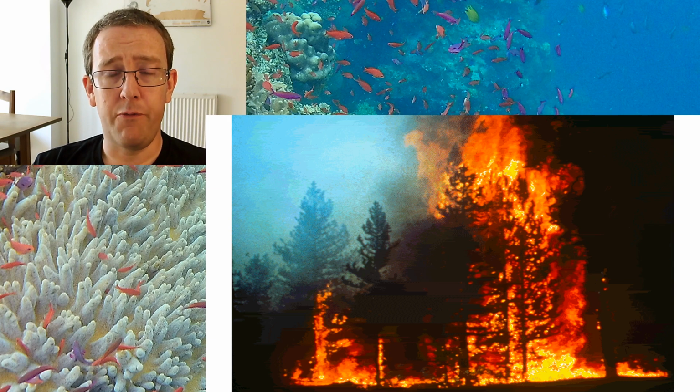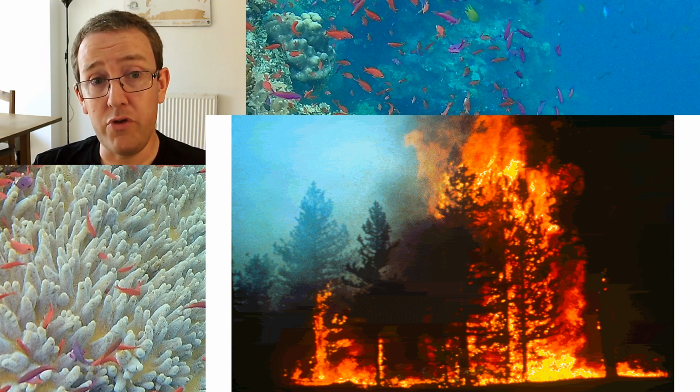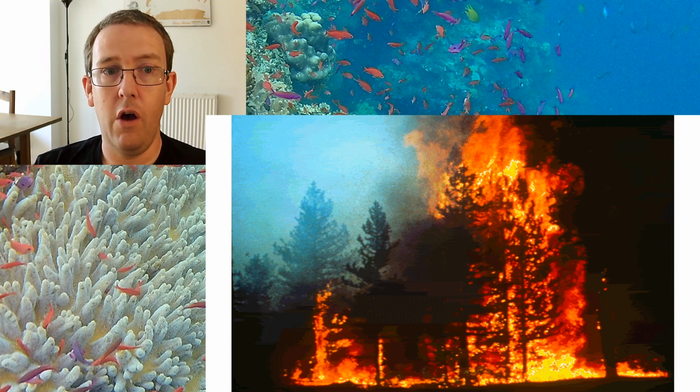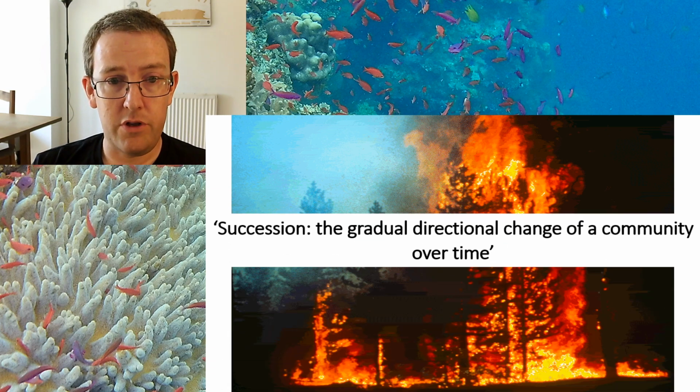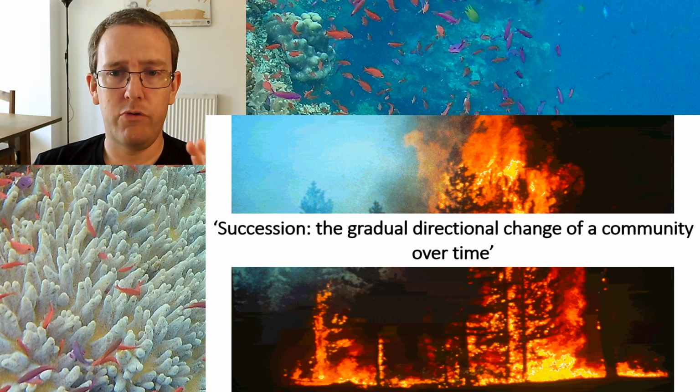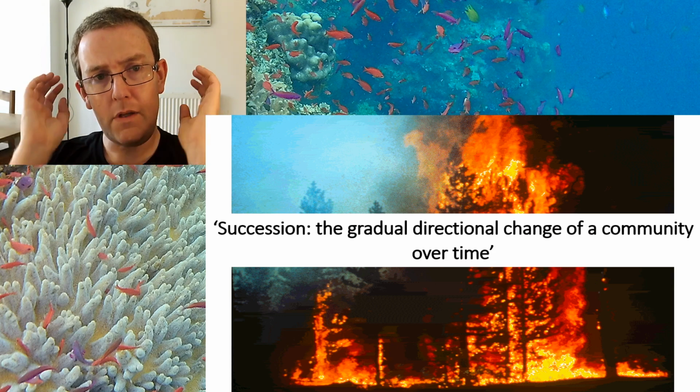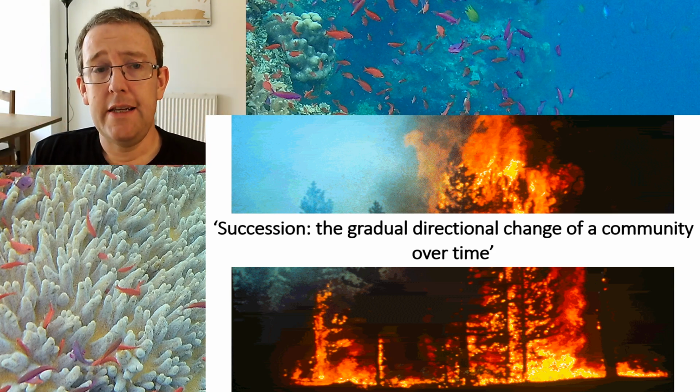So first one, to give you the pattern, we're going to do a broad definition of succession on its own. Succession, which is your key term, is the gradual directional change of a community over time. And there in the background you've got an example.